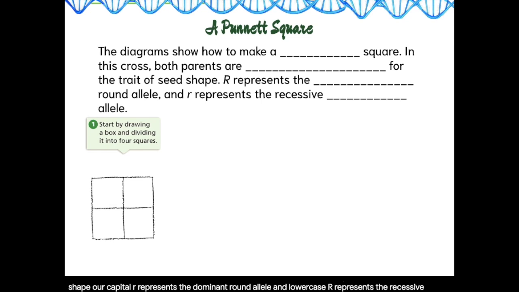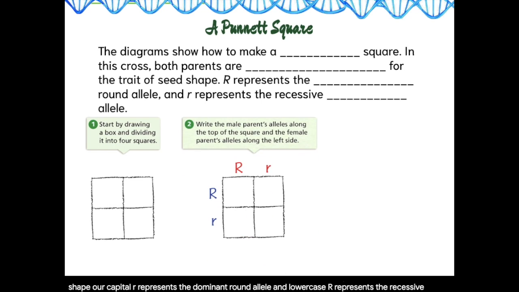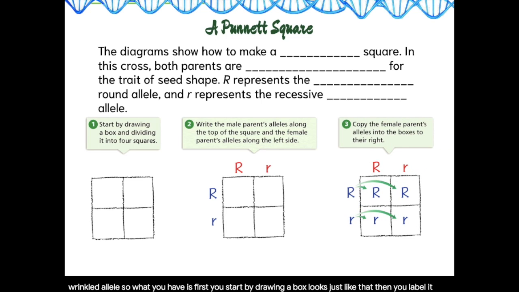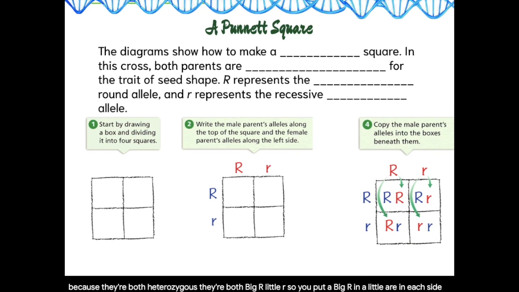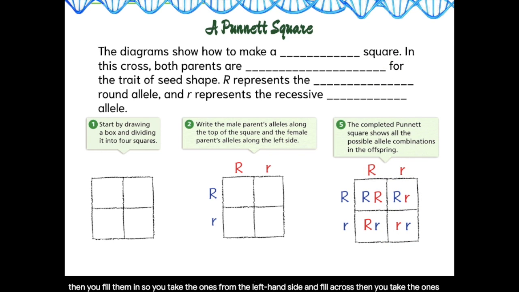Looks just like that. Then you label it because they're both heterozygous. They're both big R, little r. So you put a big R and a little r on each side. Then you fill them in. You take the ones from the left-hand side and fill across. Then you take the ones from the top and fill down. And then you have your completed Punnett square.